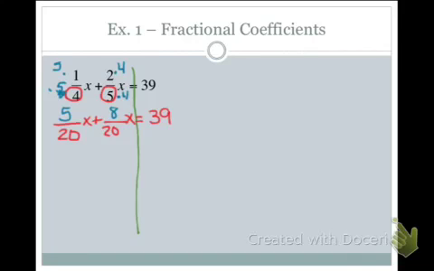Now, as you look at that, notice that both denominators are the same. The numerators have changed, and that's fine, but everything else, the x's, the 39, has remained the same. So now what we're going to do is multiply every single term by that equivalent fraction denominator of a 20. Now we do this so that as I multiply, notice that my fractions all go away at one time.